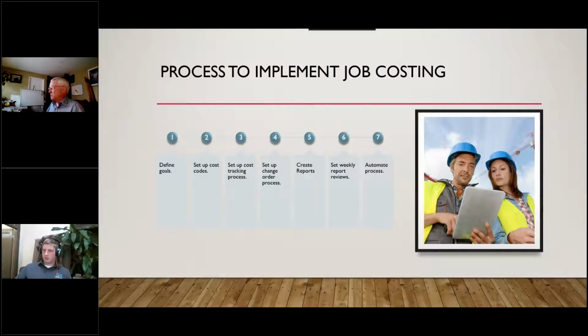How much time do you want to spend doing the tracking, and how much are you willing to pay for in this process? So one of the biggest questions that come out with job costing is like, how do I allocate something? This, that, or the other thing. A lot of times it's burden or overhead.